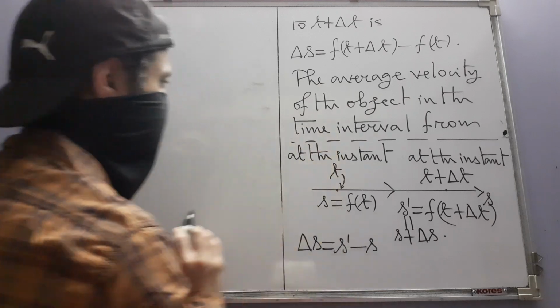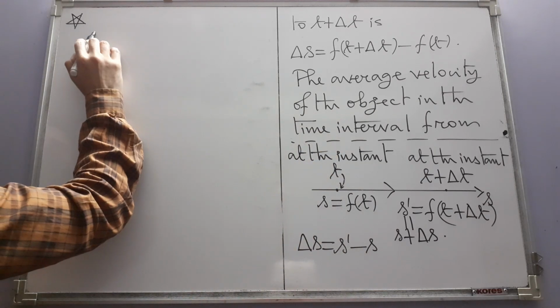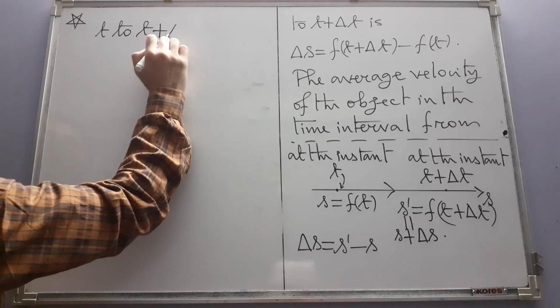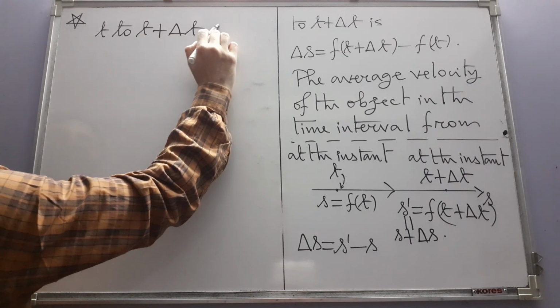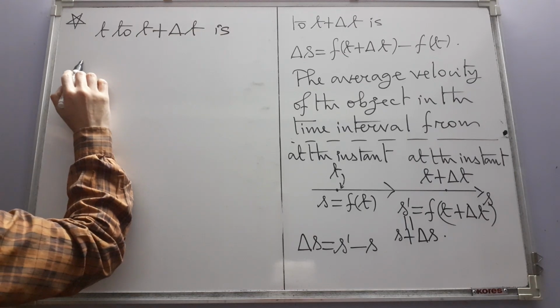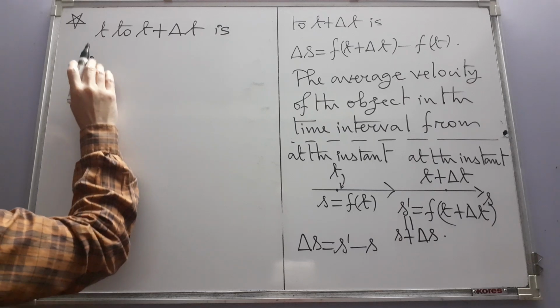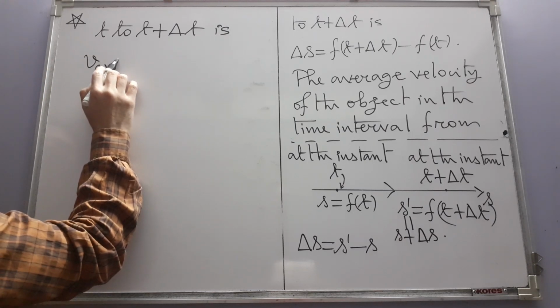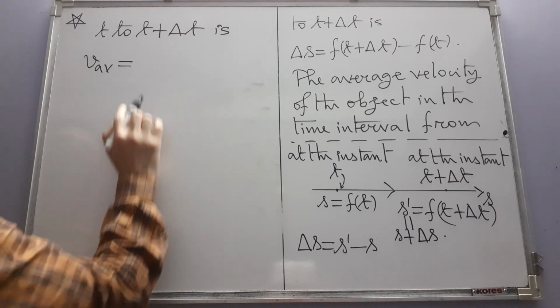Time interval from t to t plus delta t is, we write it as v suffix av. Av denotes average.